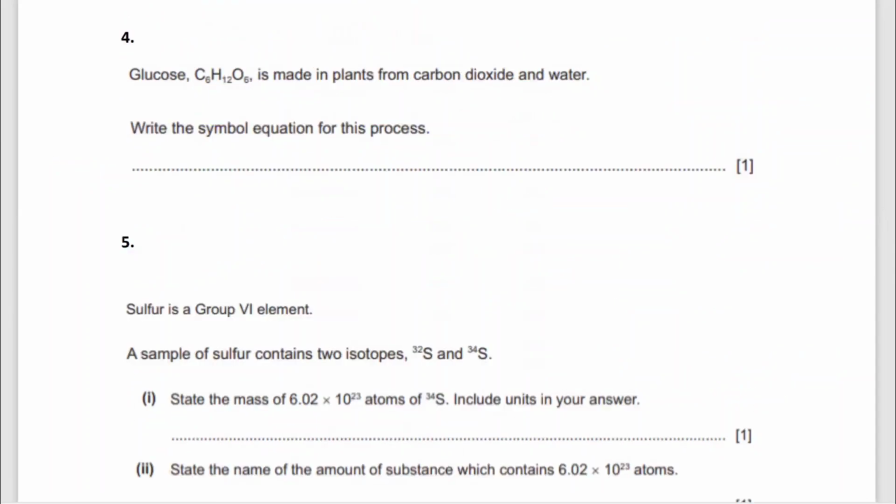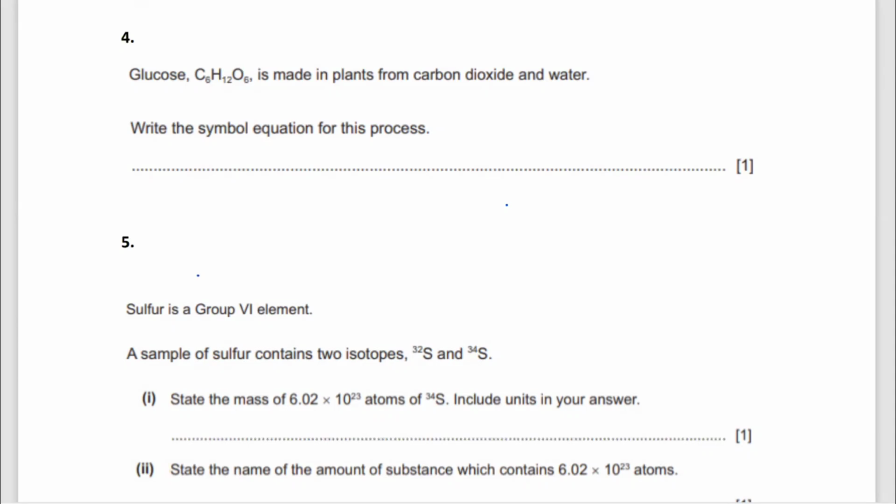We'll move on. The next question says glucose, C6H12O6, is made in plants from carbon dioxide and water. Write the symbol equation for this process. So this process is photosynthesis, and you will be studying about this process in detail in chapter 10. But since symbol equations are there in chapter 2, we'll be trying to solve this question as well.